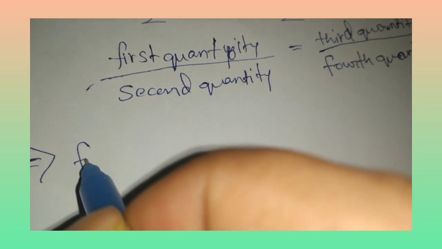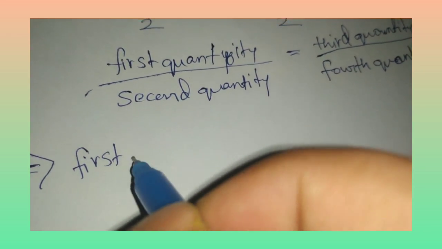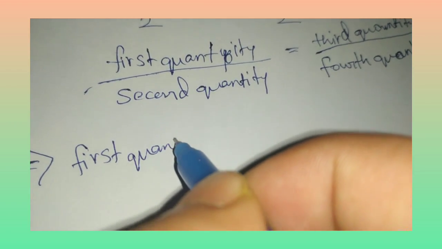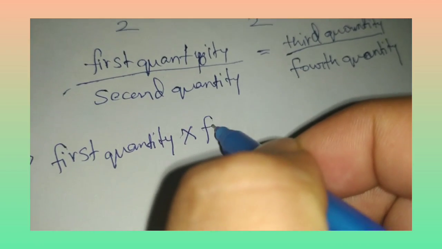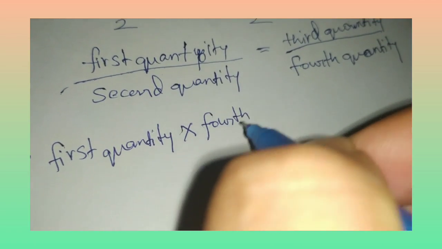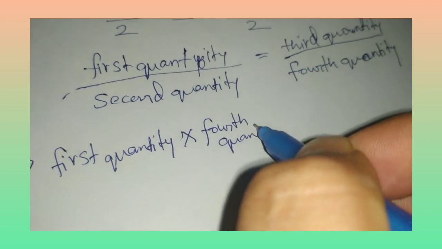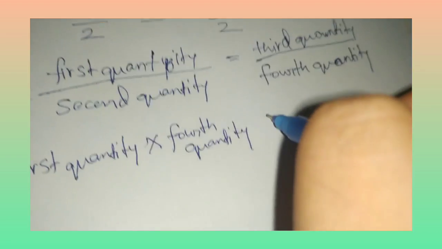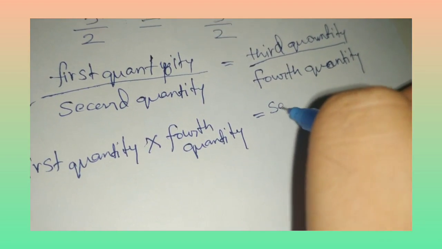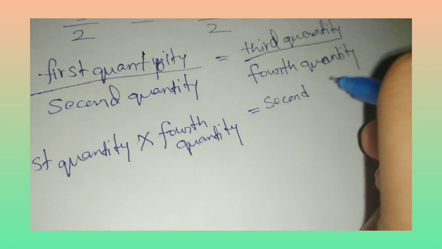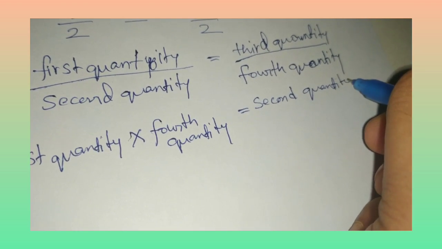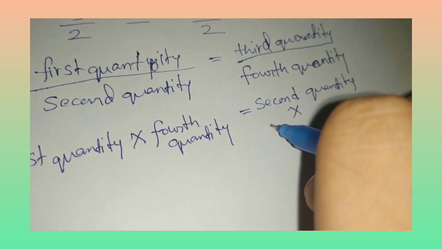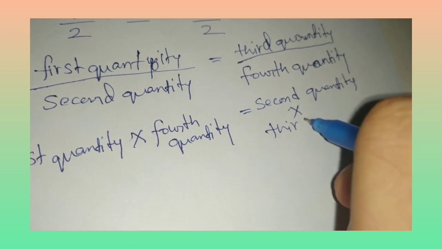First quantity into fourth quantity equals second quantity into third quantity.